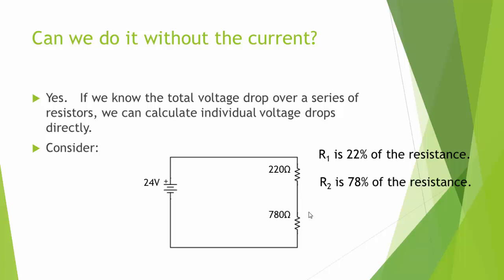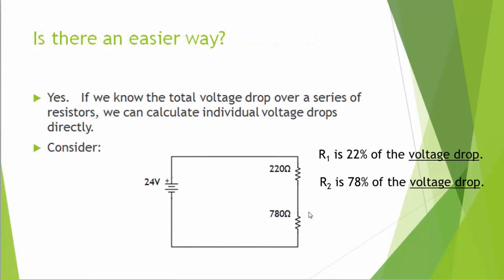R2 is 78% of the resistance. The overall voltage drop is 24 volts. R1 is 22% of the voltage drop. R2 is 78% of the voltage drop. And we can simply multiply that out and get the answer. What about, let's see, 5.08.